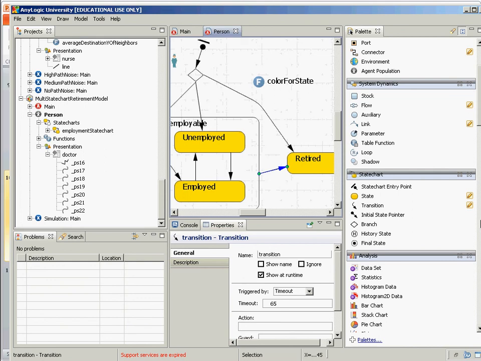So we've seen state charts. We actually have gotten today a glimpse, a premonition, a sort of future glimpse of something we'll be seeing next time, which is agent communication via messaging. Here, the messages were sent from one state chart to another.